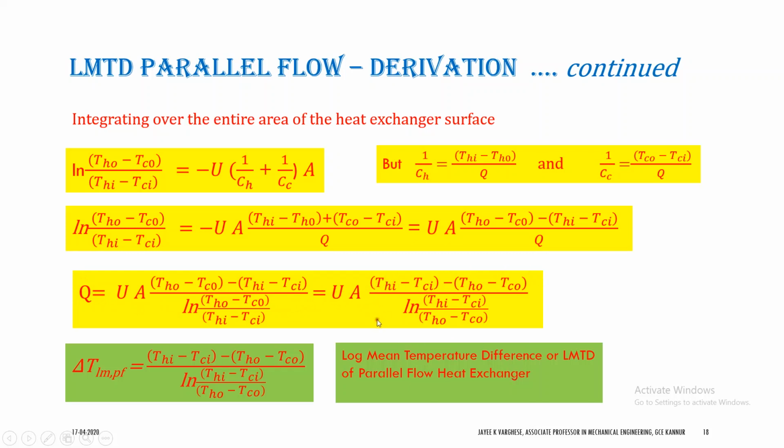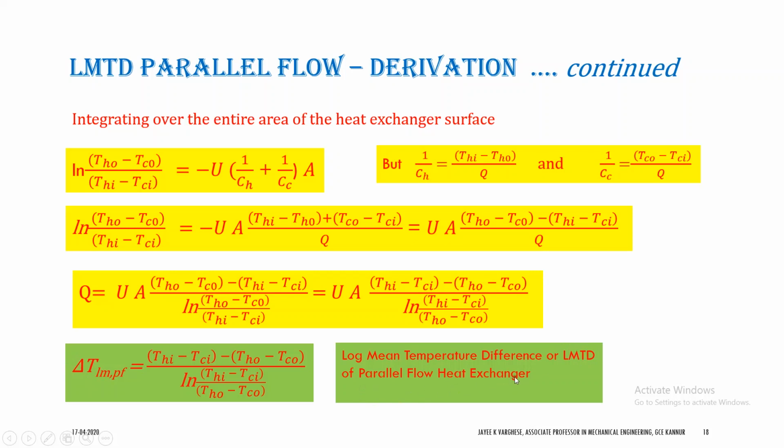Now that temperature difference, let's write this as UA into a mean temperature difference. What type of mean is that? This is called the log mean temperature difference, delta T log mean of the parallel flow heat exchanger. In short we will say LMTD.